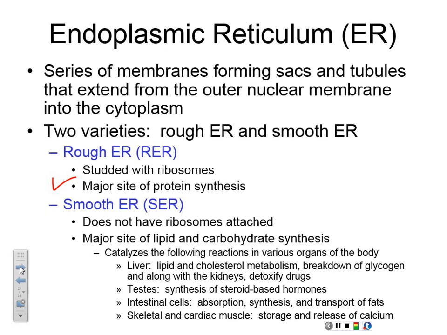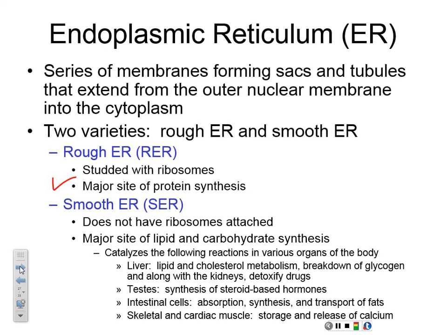Usually in the exam, sometimes I'll say, can you give me the function of the smooth endoplasmic reticulum in the liver? Or in the skeletal muscle and cardiac muscle, what does the smooth endoplasmic reticulum do? It stores the calcium that is used for muscle contraction, because calcium attaches to a certain protein that is involved in muscle contraction.